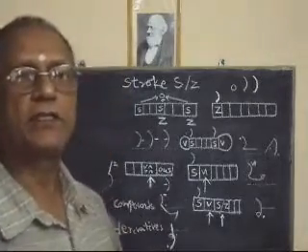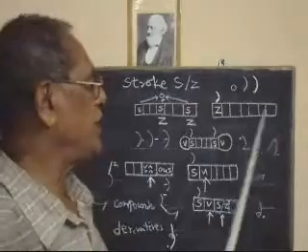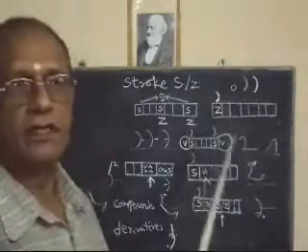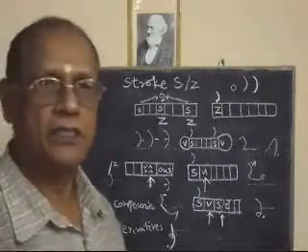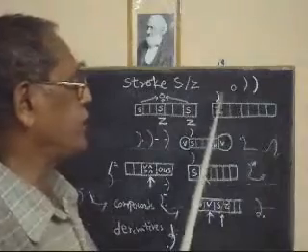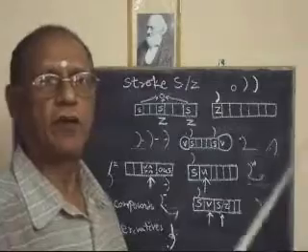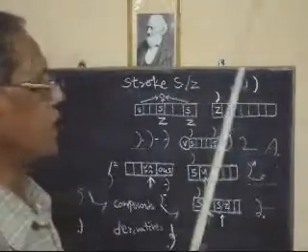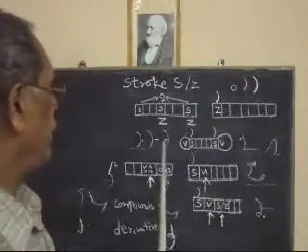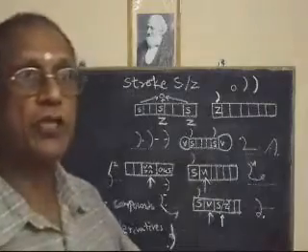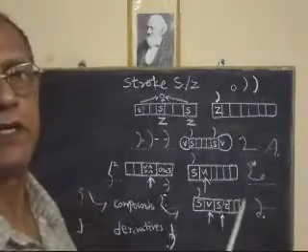What are the situations when we will have to use the stroke form of S and Z and not the circle? Initial Z is represented by the stroke form only. That we have studied in the chapter on circles. Now, when we will have to use the stroke form only, that we will study in this chapter.